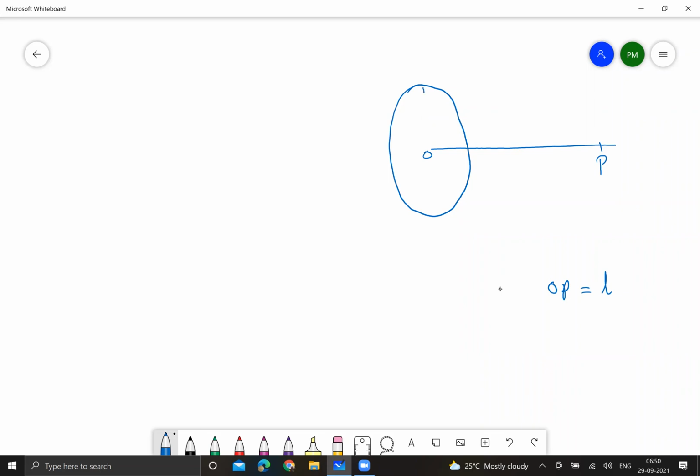So this is the radius. We assume a small element of the disk of thickness dx and radius say x.